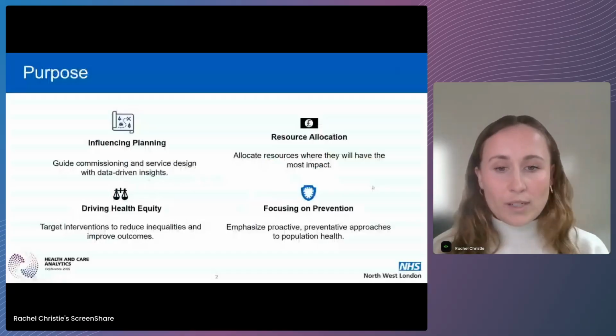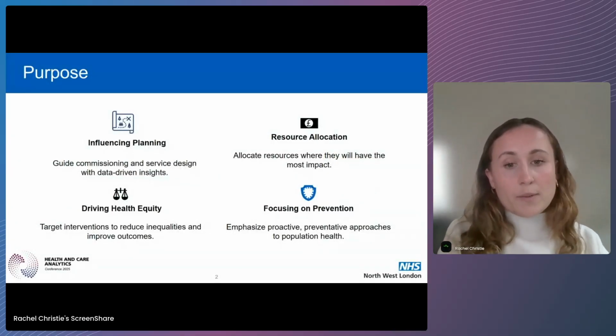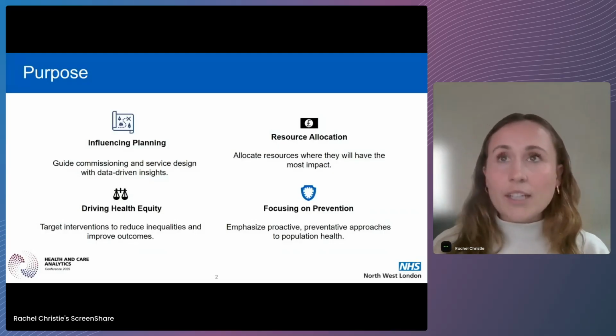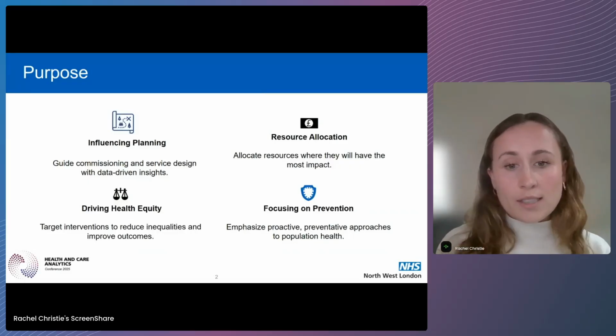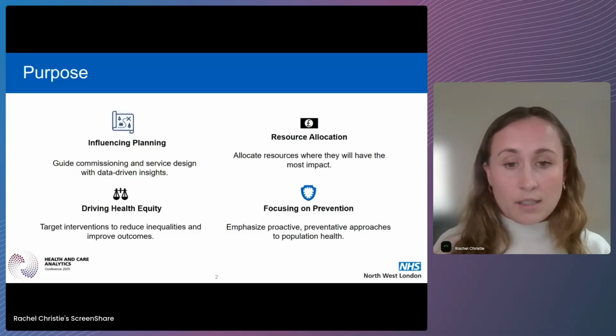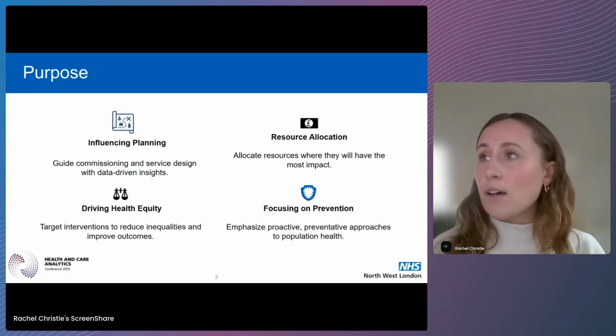So firstly, what is a needs assessment? This is a systematic report that helps describe the needs of a population. And within the NHS, we really want that report to enable us to understand where we have the need in our population and allocate resources effectively. So meeting the needs, meeting where the needs are.